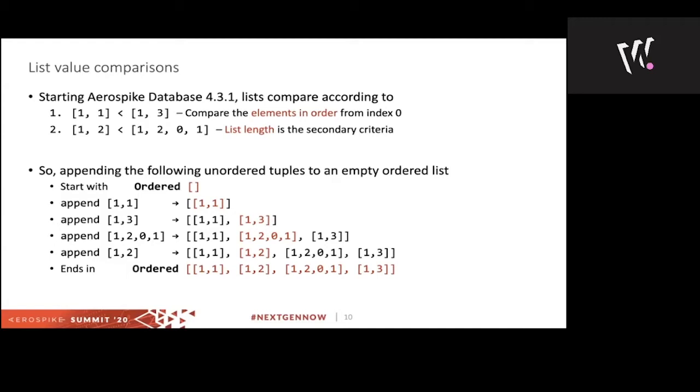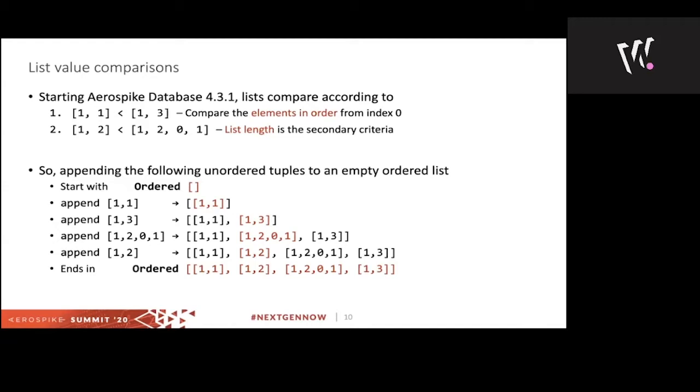Let's do a quick exercise where we're appending things in order. We start with an empty ordered list, and now we append the tuple 1, 1. You can see that first element shows up. Then we append 1, 3, and it goes to the right of 1, 1 because we compare position 0 and then position 1, and 3 is bigger than 1.